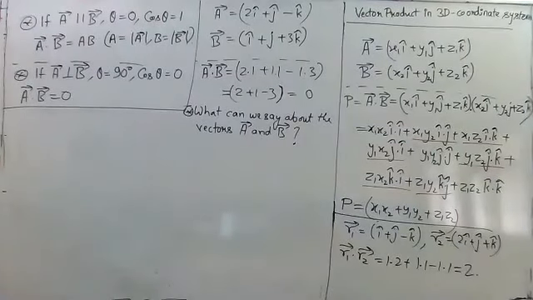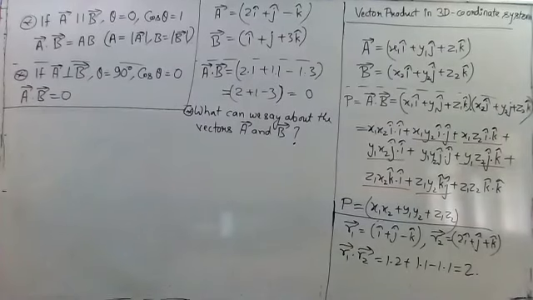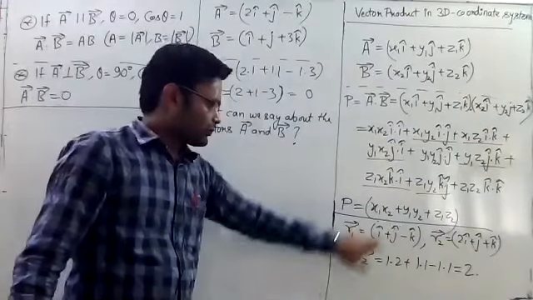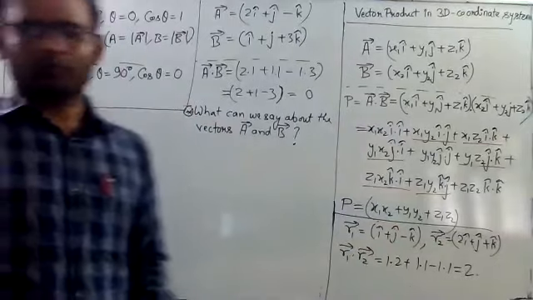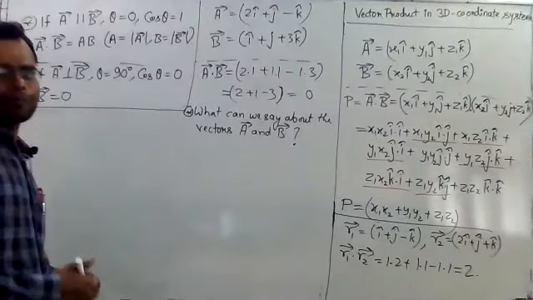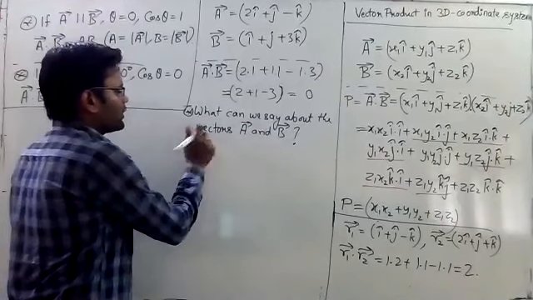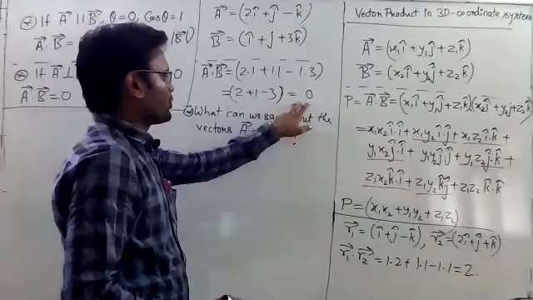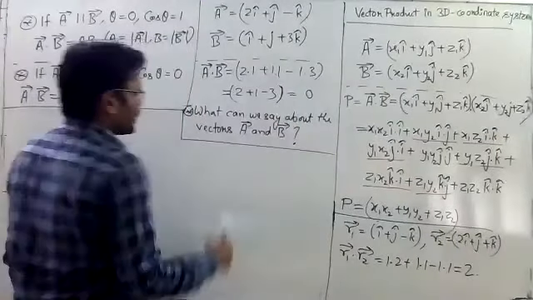X1 is 1, X2 is 2. So about the vectors A and B, I can say that they are perpendicular to each other because the dot product is 0. When do we get 0 as a dot product? We get 0 as a dot product when they are perpendicular to each other.